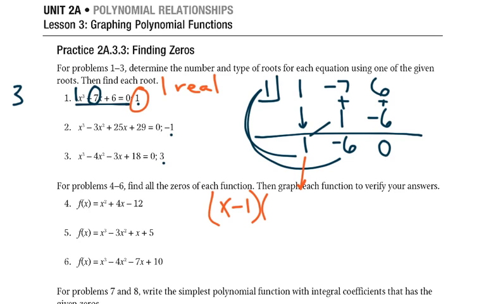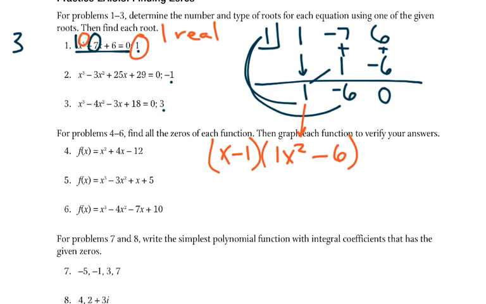Now, if you recall, this was a cubic, so this would be 1x squared, then minus 6. That's our other factor. Now, can we simplify this one? Kind of. The best thing to do would be to split these up and find the zeros, the x-intercepts.